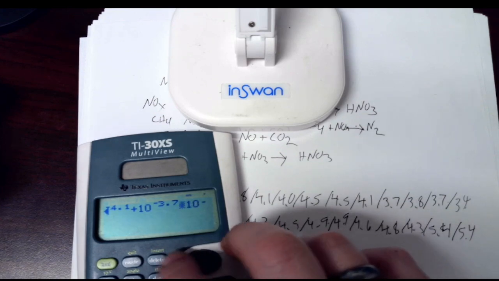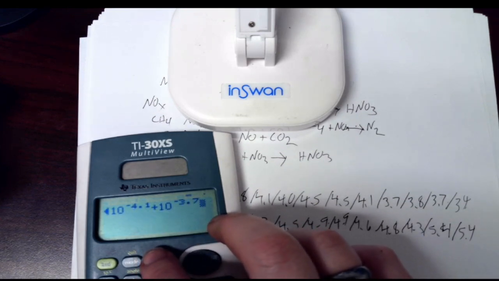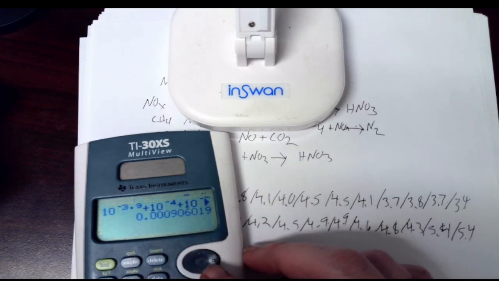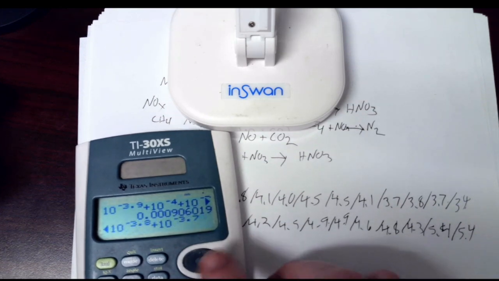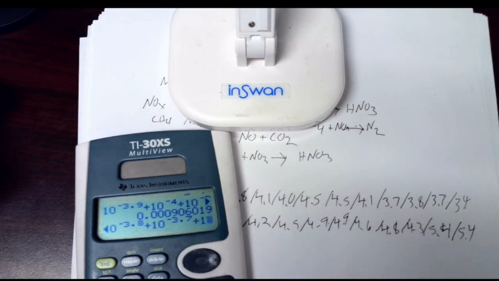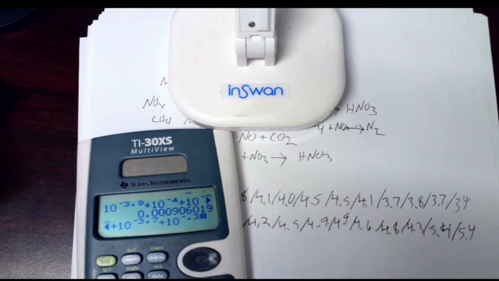Okay, we're going to have to figure this out and then do the next one. Plus 10 to the negative 3.8, plus 10 to the negative 3.7, plus 10 to the negative 3.4.